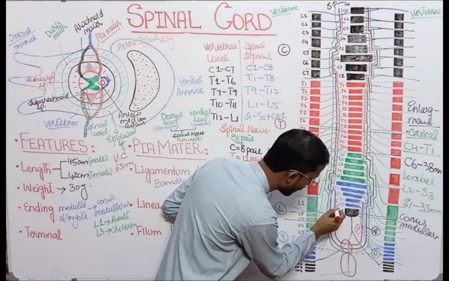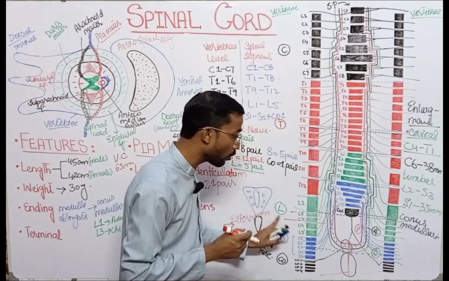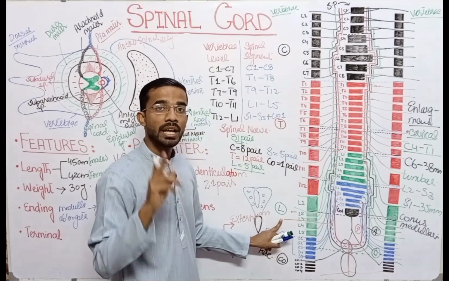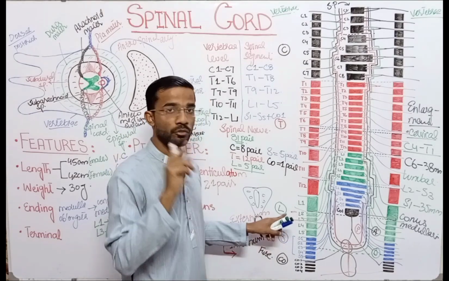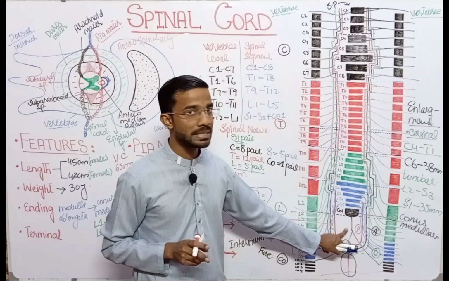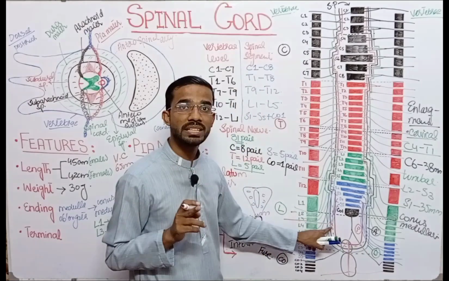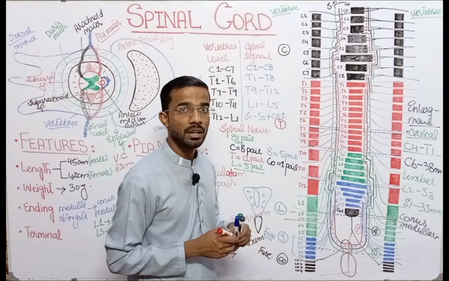Here you can see the space in which the cerebrospinal fluid is present. We take the lumbar puncture below L2 because the spinal cord is not present in that region, and we can easily take the cerebrospinal fluid without puncturing the spinal cord.